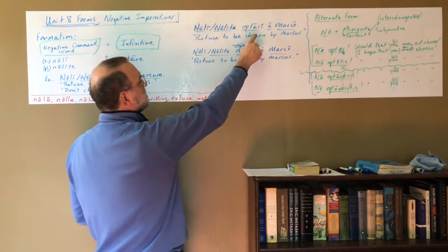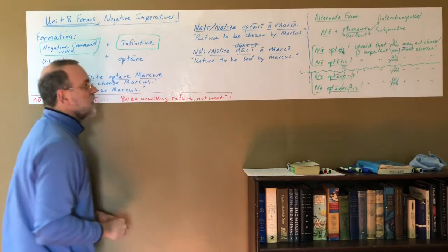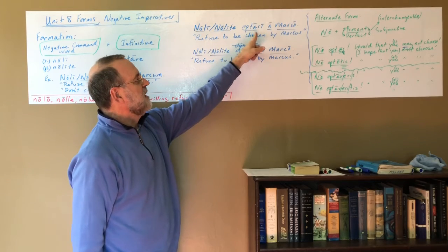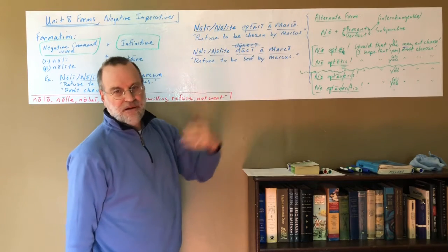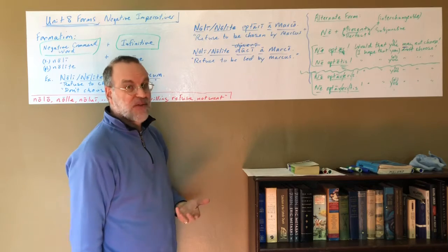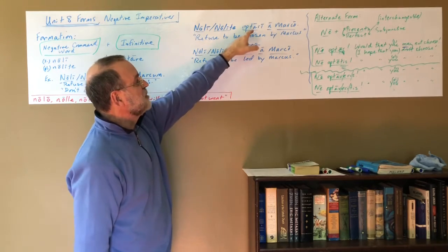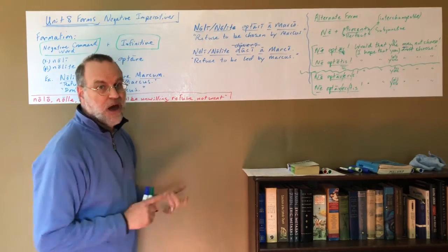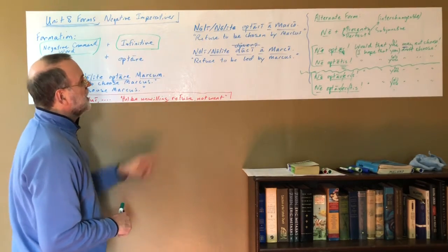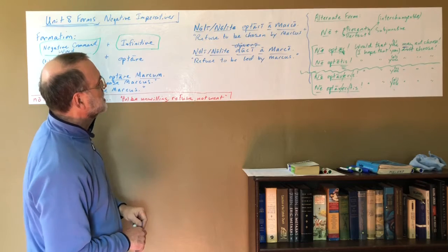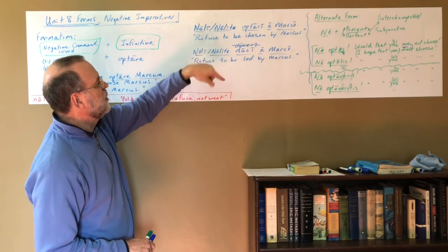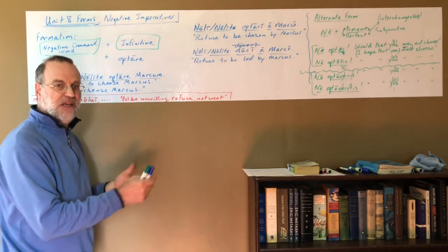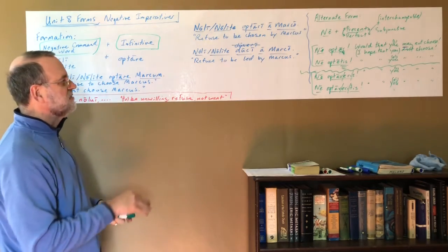So remember, optare becomes optari with the long I, and because we have a passive verb form, it often begs an agent, and the agent of that verbal action will be expressed by an ablative of personal agency with the preposition a or ab. So, you singular, refuse to be chosen by Marcus. Nolite, you all, refuse to be chosen by Marcus. Say you don't want to be on his team. He's not a good captain, so don't be chosen by him.